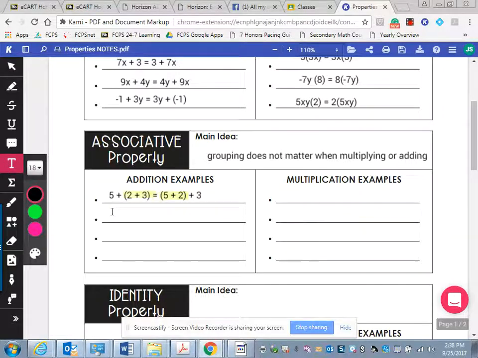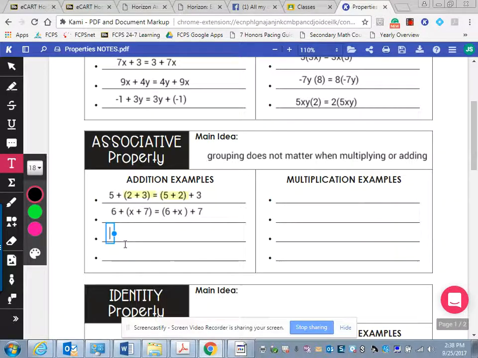Let's look at another example. What if we had 6 plus x plus 7 would give us the same exact answer as if we were to do 6 plus x in parentheses plus 7. Okay, both of these are exactly the same thing.